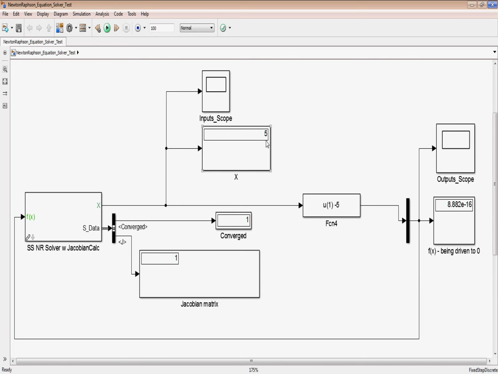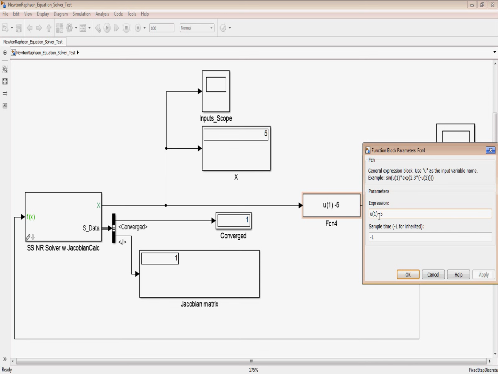So here you can see the answer going into it is 5, and the thing coming out of it is 8 times 10 to the negative 16th, which is well below our convergence factor. You can see our Jacobian matrix here is 1. That lines up with the slope of this function. The derivative of u1 minus 5 is 1.